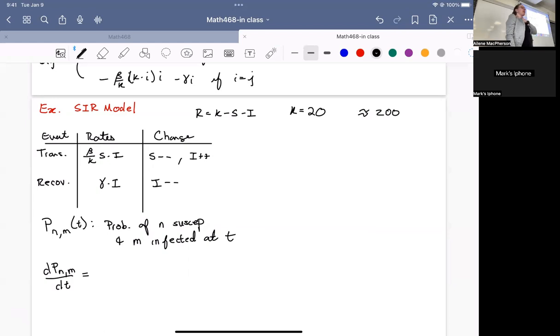All right, so hopefully everybody's gotten a chance to at least get started. Can somebody give me one of the terms that we have to have in our differential equation here? Go for it, Nina.